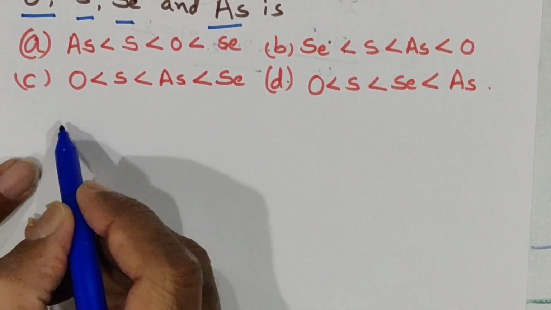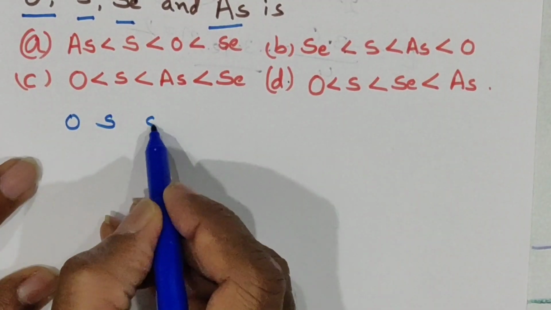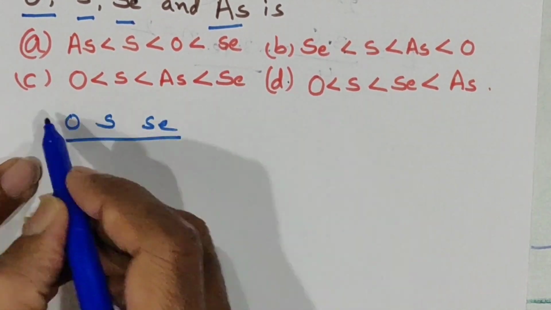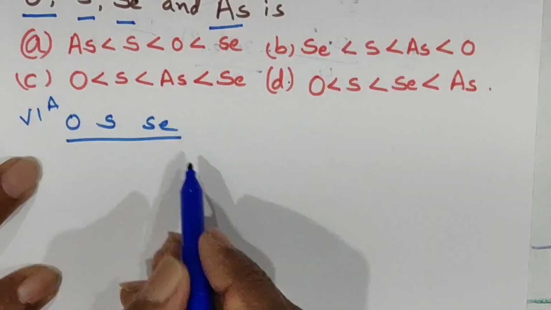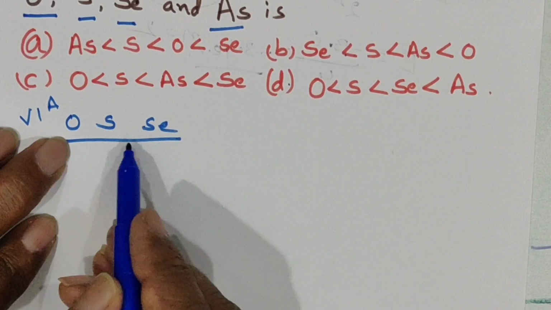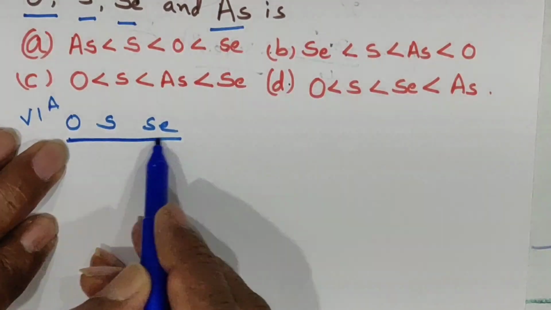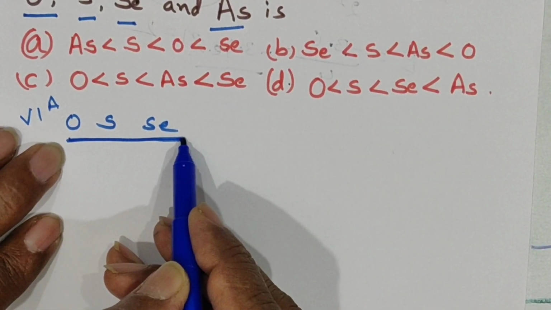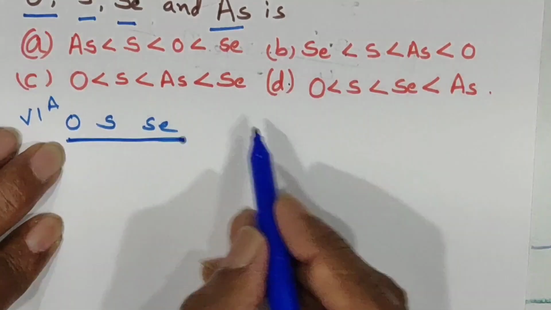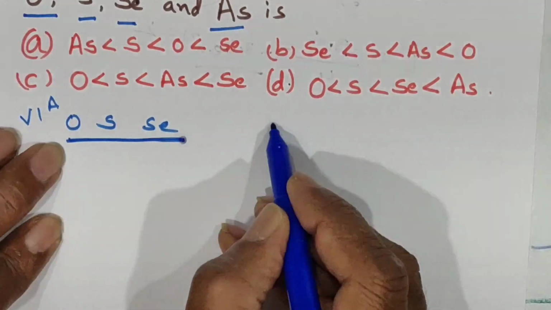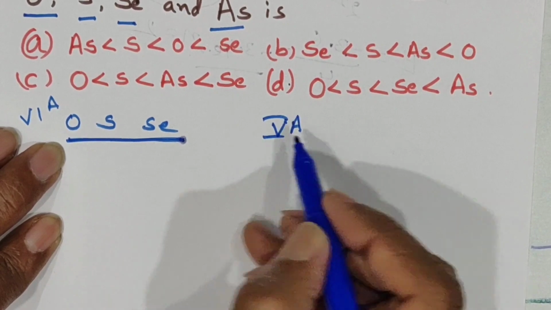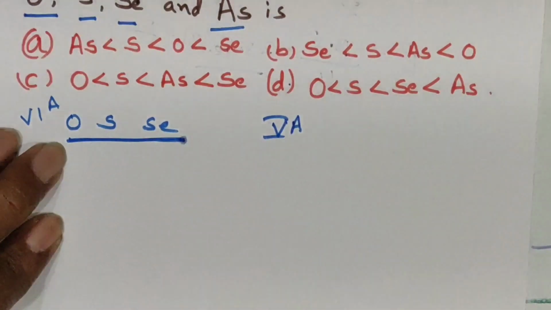So oxygen, sulfur, selenium belong to 6th A group. In a group from top to bottom, atomic size increases. Next one, arsenic. Arsenic belongs to 5th A group, that is nitrogen family element.